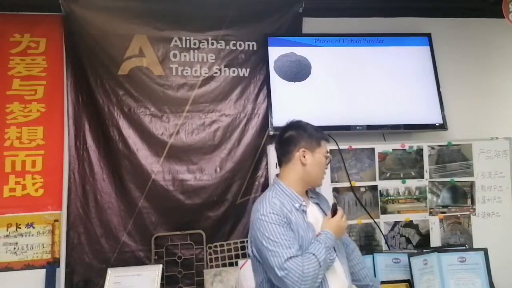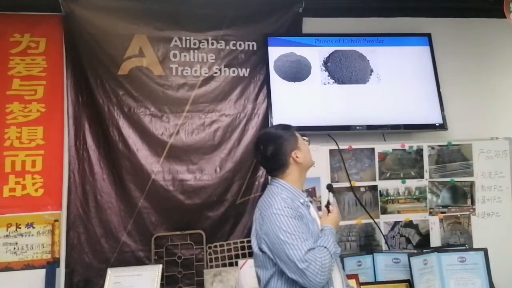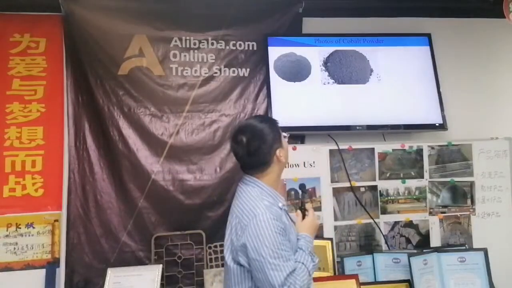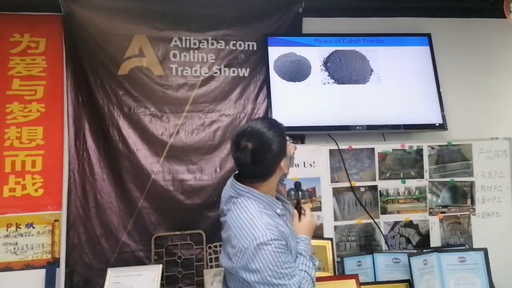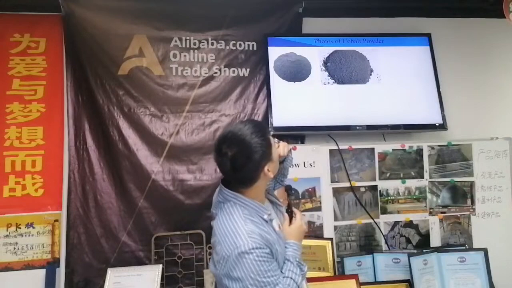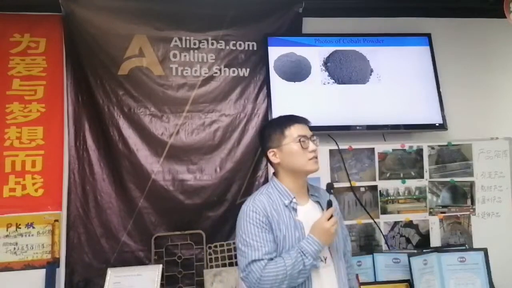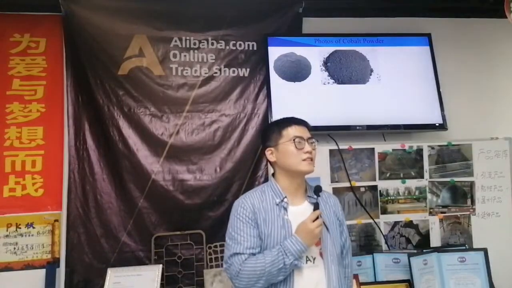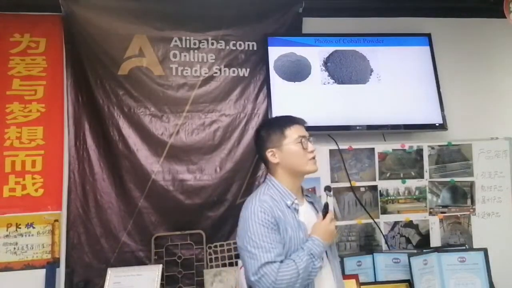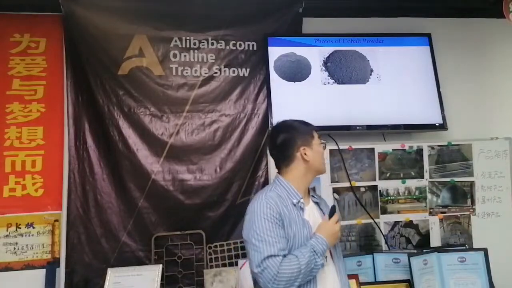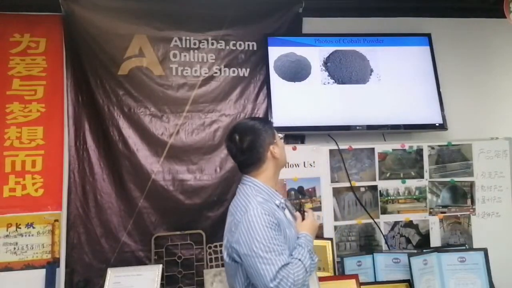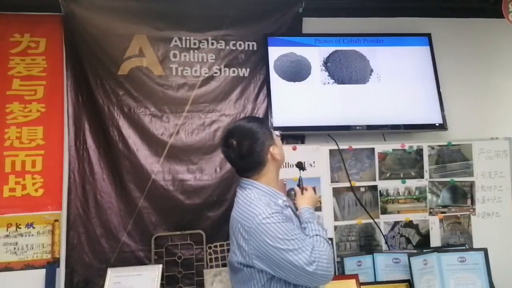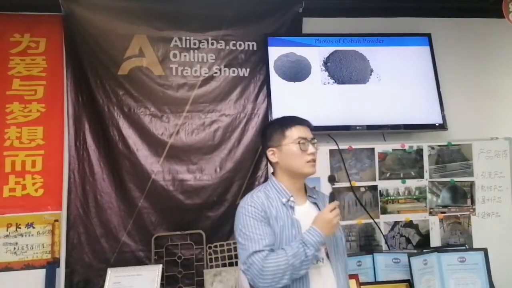Now there are two different pictures of cobalt powders. As you can see, the first picture looks better than the second. The second picture is about 325 mesh, so the first picture is smaller than the second size.